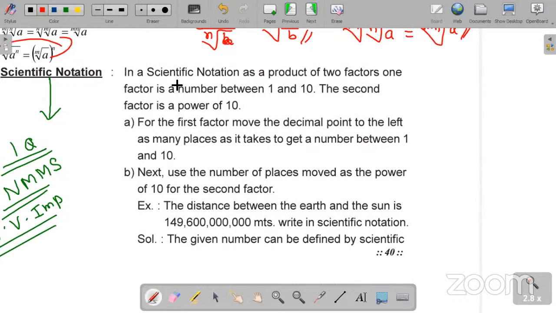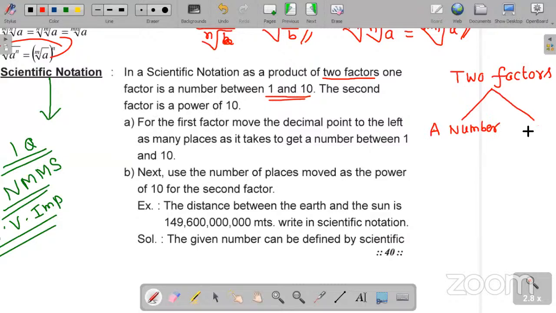In a scientific notation, as a product of two factors, one factor lies between 1 to 10. The second factor is a power of 10. That means scientific notation consists of two factors. One factor will be a number, the other factor will be in the form of 10 to the power of n.